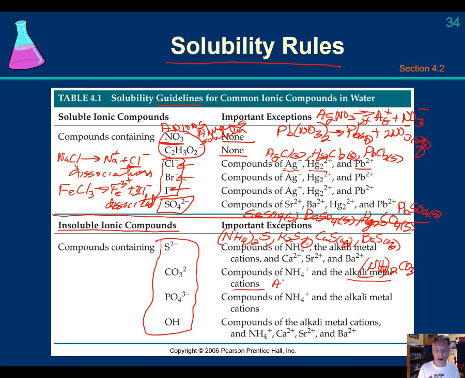Alkali metals are always soluble, which means they can never, ever be part of a driving force on the product side.